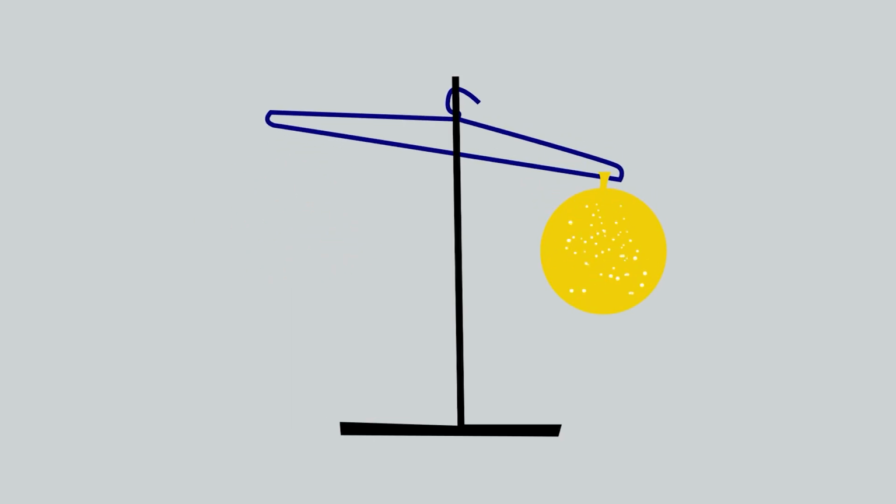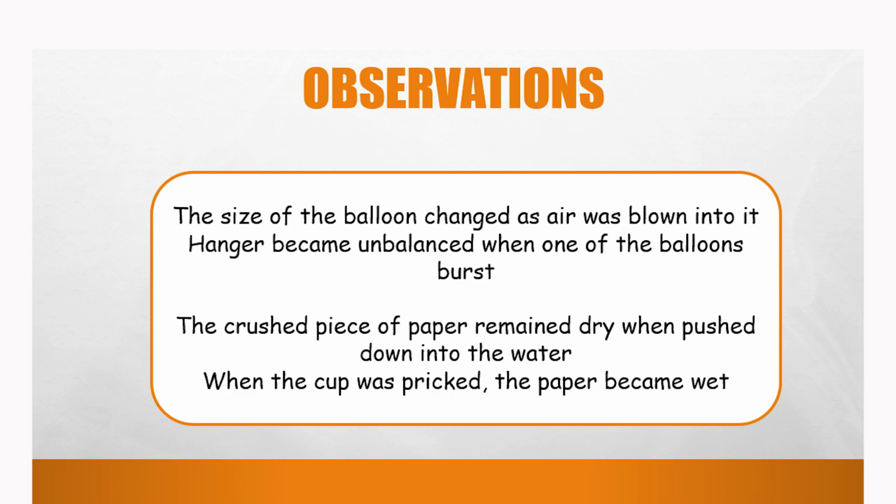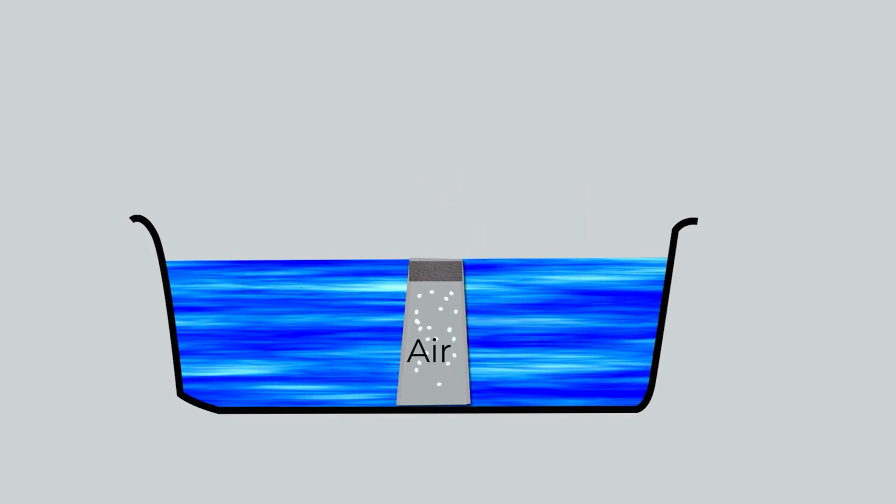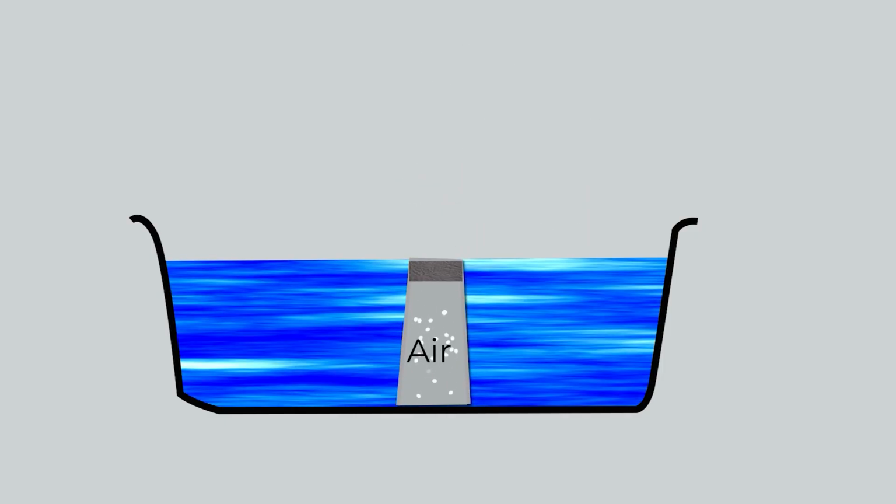So those were our observations. With respect to the paper and the cup, when we placed the paper in the bottom of this container and pushed it all the way down into the water, we realized that the paper remained dry. So let's see how we can figure out what is happening.